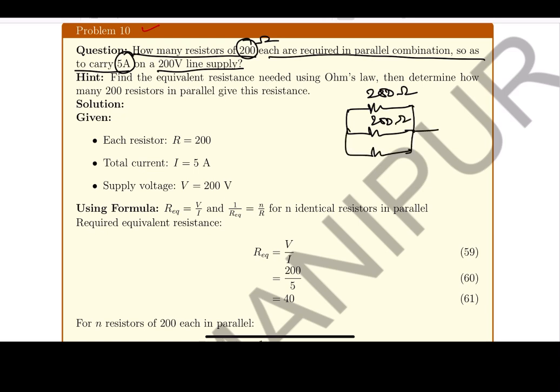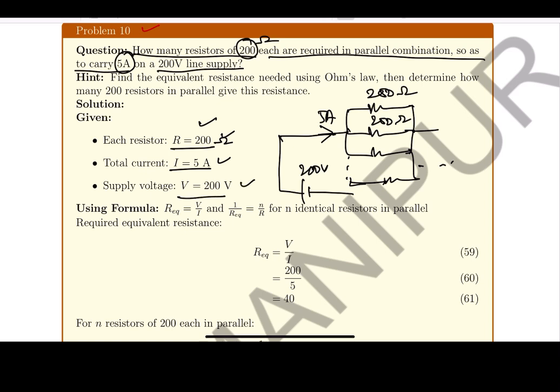I don't know how many, but we connect them in parallel and find the equivalent resistance. It's a very easy question actually. What is given? Each resistor is 200 ohm, current is 5 ampere, voltage is 200 volt.